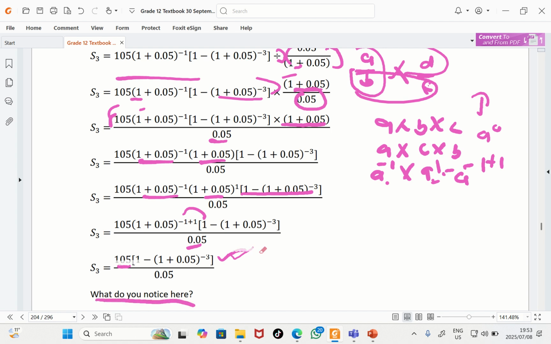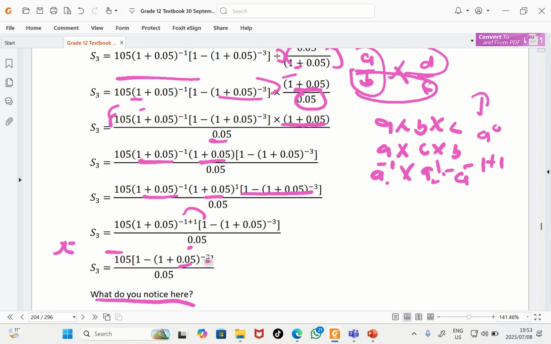You notice this 105 is what he paid at the end of the first month under account 1. He also paid 105 at the end of the second month under account 2. He also paid 105 at the end of the third month under account 3. What other thing you notice is this 0.05 is obviously the 5% with which the money grows, or which the investment environment is giving you, from the bank's point of view.